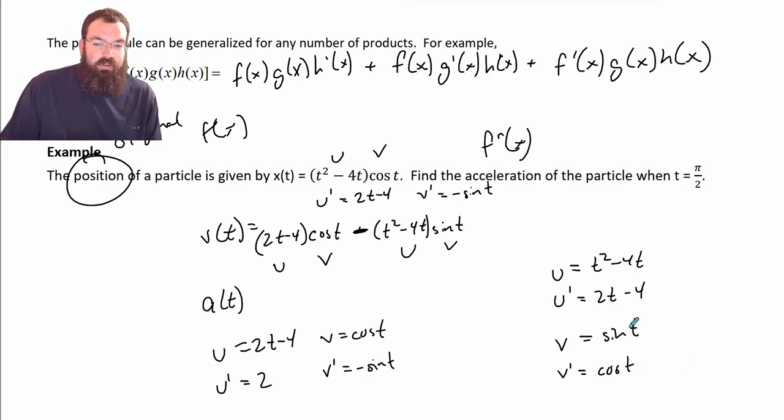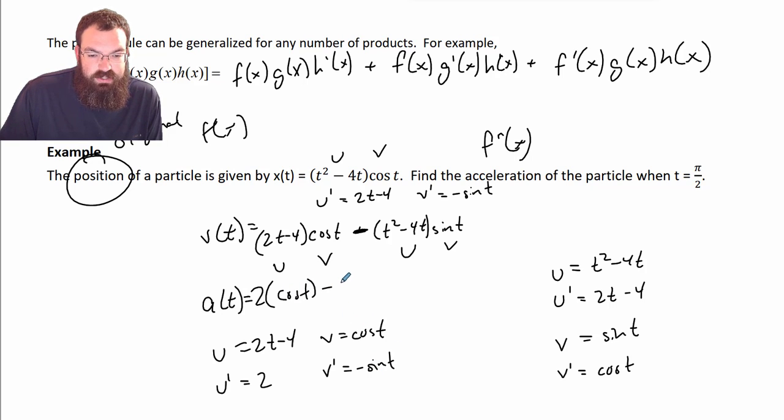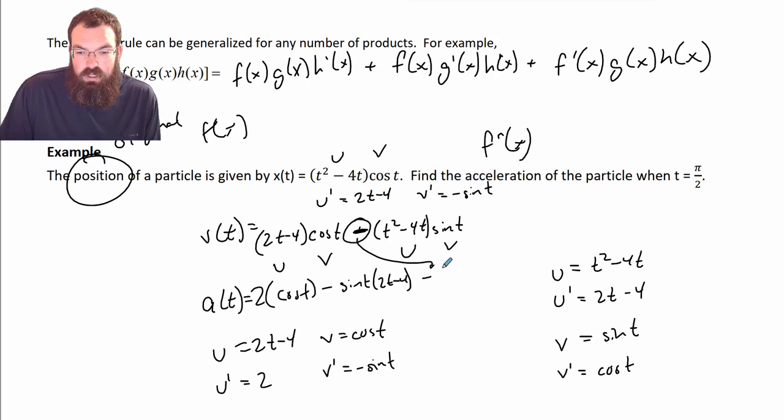So now let's put that all together to find the derivative here. So u prime is 2 times cosine of t plus, well, this is a minus, so it's a minus. We'll say sine of t times 2t minus 4 minus, because this is a minus now, so that carries through.